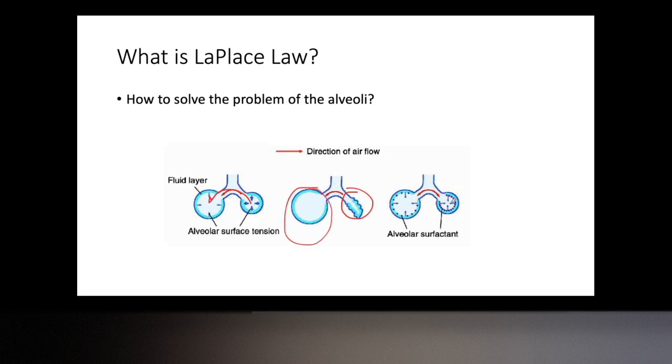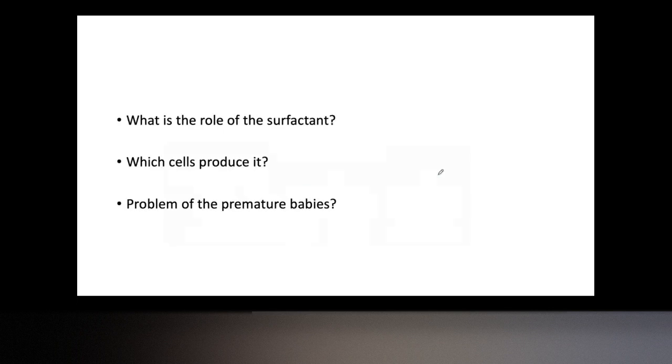So if we put surfactant, then this will change the recoiling of the lung. So two things: what is the role of the surfactant? What cells produce it? And what's the problem with premature babies? The surfactant is to reduce the surface tension. Yes. Which cells?